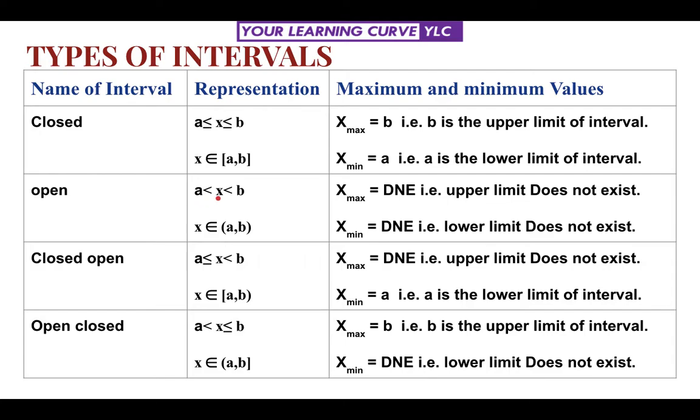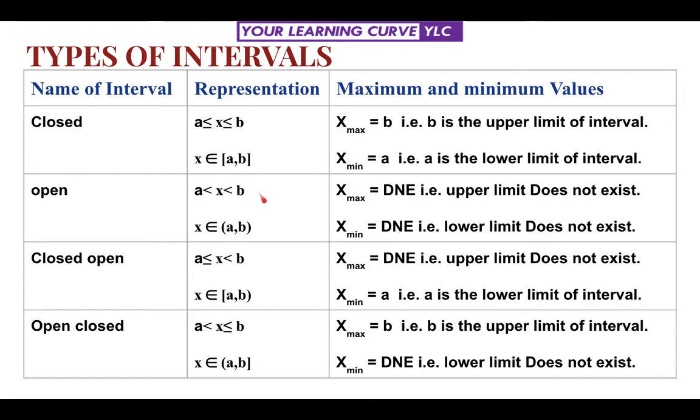Here a is less than x is less than b. x is greater than a, but it cannot be equal to a, meaning x can be anything greater than a, even by the slightest amount, any value greater than a will be an acceptable value of x, but it cannot be equal to a.